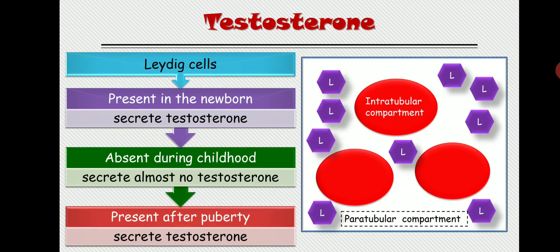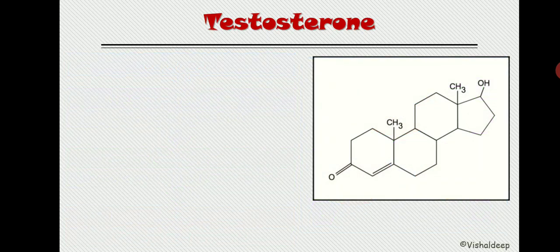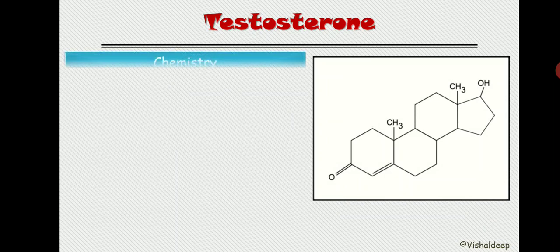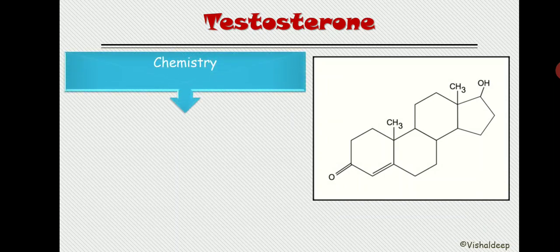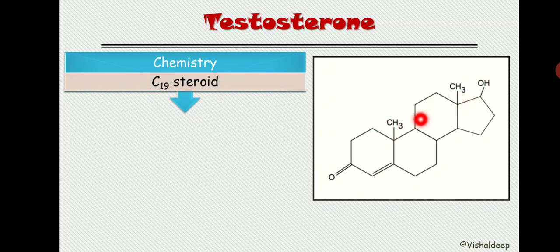Okay, now let's discuss the chemical nature of testosterone. As you see from this diagram, it is a 19-carbon steroid. What changes did we make in the cholesterol molecule? The first change is that we cut the bond between carbons 20 and 22, by 22-lyase or desmolase.